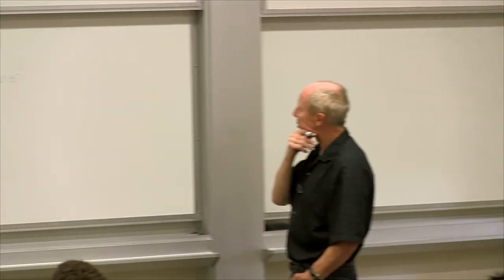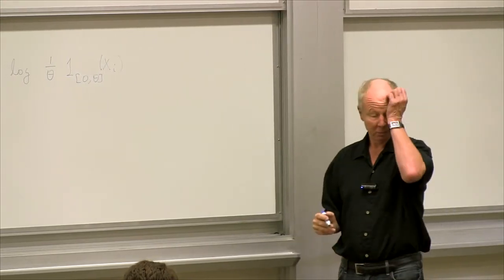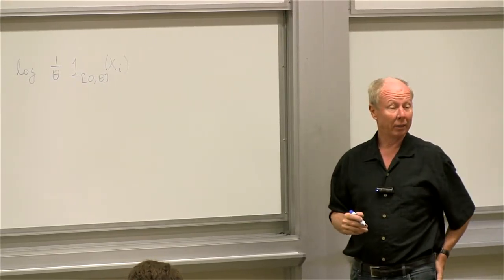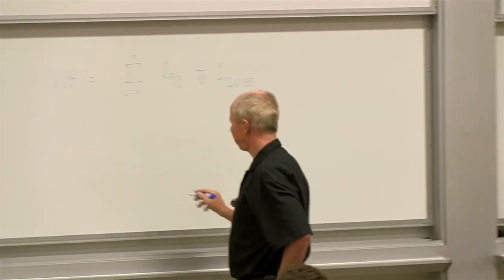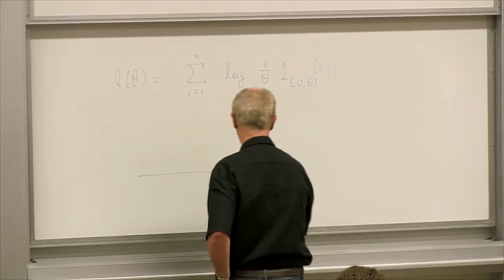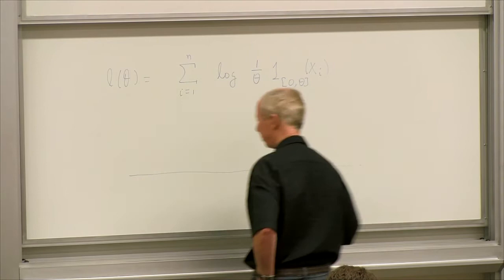So there's the likelihood function. We want to maximize that. Let's maybe draw a picture of our data, or the random variables.